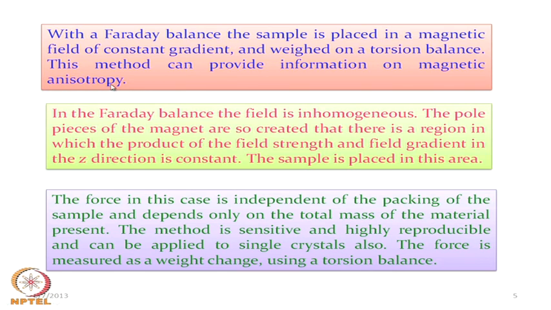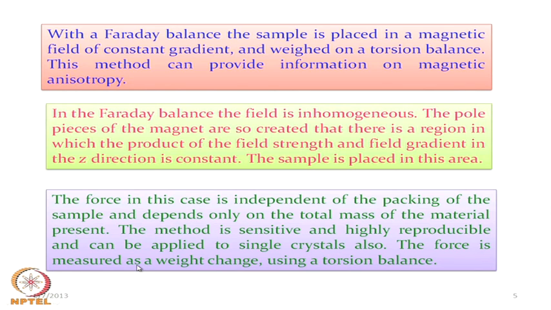Since we are talking about the magnetic anisotropy, if we place the single crystals along the corresponding crystal axes x, y and z, we can differentiate the corresponding magnetic moment values in different axes, that means mu x, mu y and mu z values, which we can find out if we go for the measurement using a single crystal.